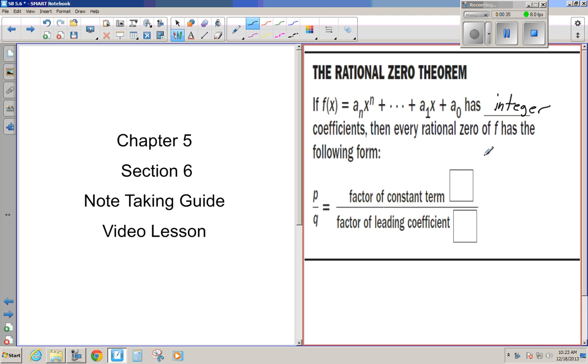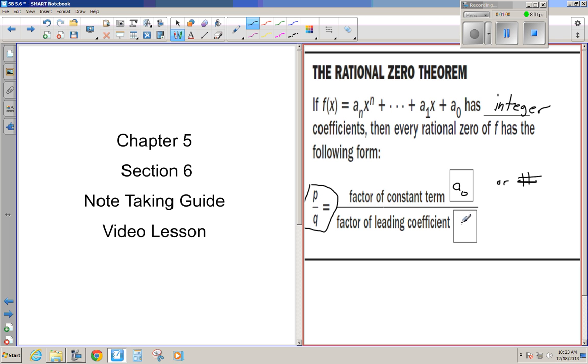Every rational zero of f comes from the following term. And this is part of where Waddell's method maybe comes from. Factor of the constant term divided by the factor of the leading coefficient. So the constant term is the a sub 0, or the plain number.